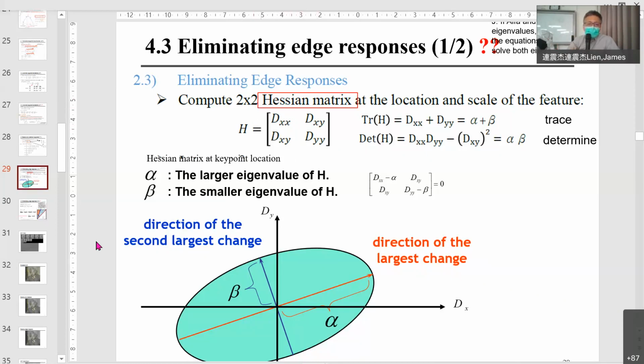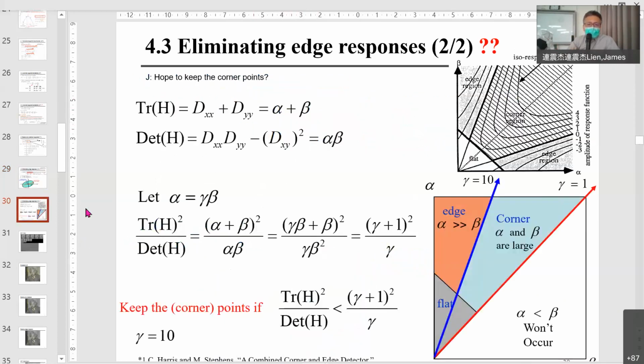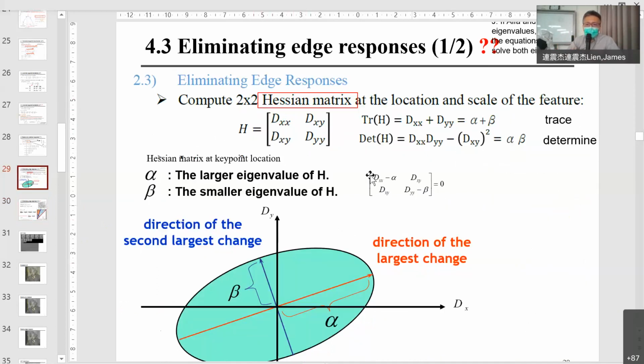And after this one, you set the eigenvalues, eigenvalue 1, eigenvalue 2, alpha, beta, and set the determinant equal to 0 and solve it.